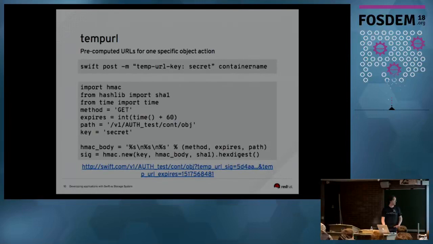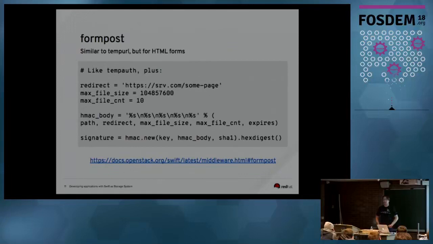All right, so these are TempURL URLs. We have a very similar working middleware called FormPost, and as the name a little bit implies, it's actually for HTML forms. So an HTML form might have some hidden input fields, and in this case we make use of that. One of the hidden input fields actually gets a signature, and there are a few more fields that you can use here.